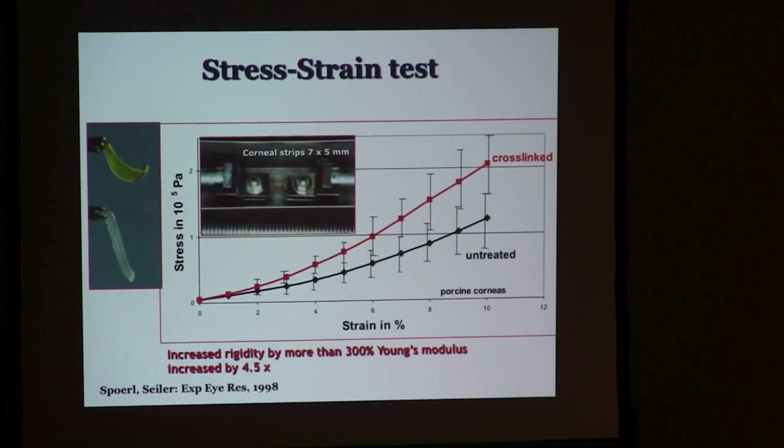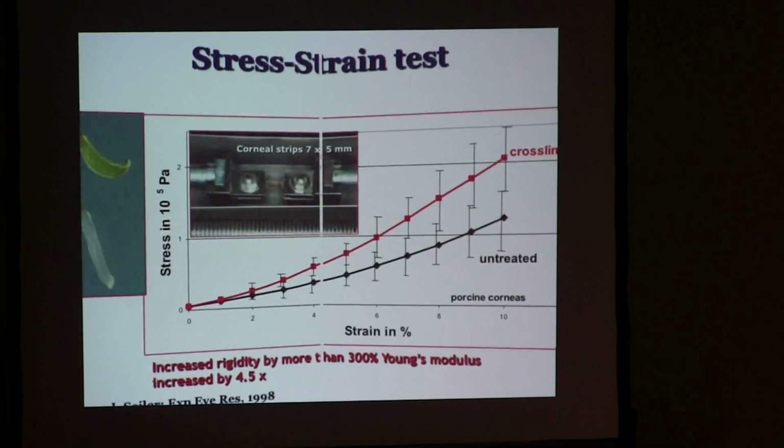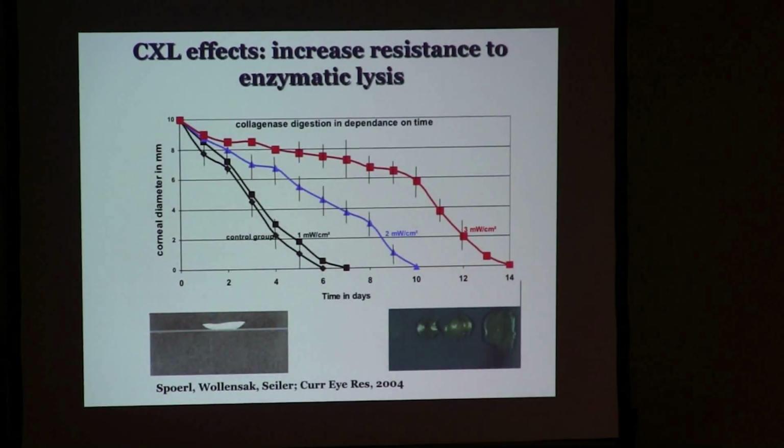This is the base of all cross-linking research, the stress-strain test. Basically, we take a cornea, we take a lamella, and we do a stress-strain test that shows how, with respect to the normal cornea, we augment the stiffness. We have also other effects for cross-linked corneas.